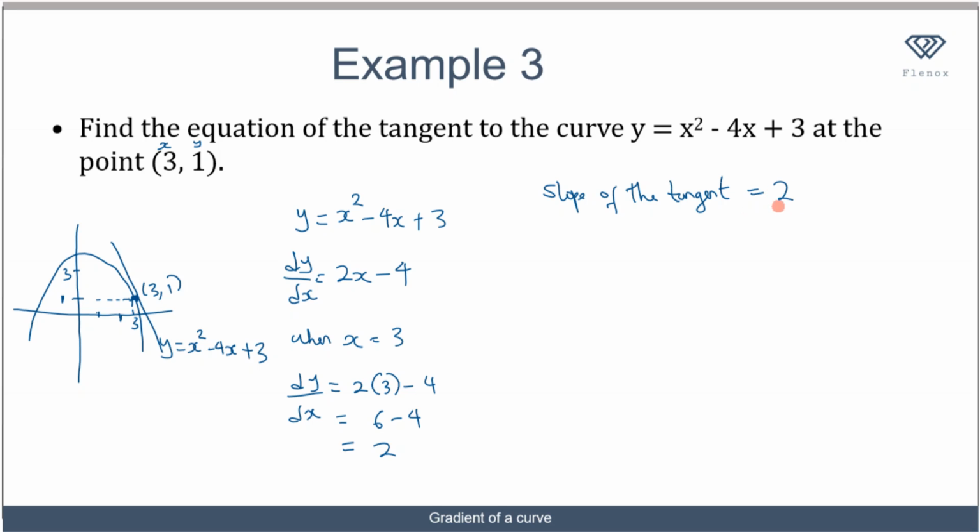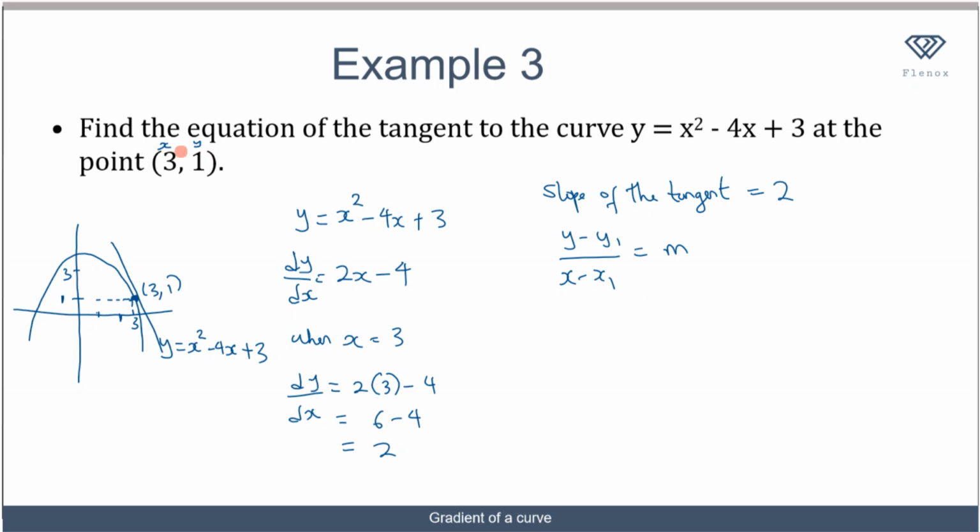Now that we know the slope of the tangent and we know a point on the tangent, we can calculate the equation of this tangent. To do that, if you remember our formula for calculating the equation of a line, we said that y minus y1 over x minus x1 is equal to m, where m is the slope.